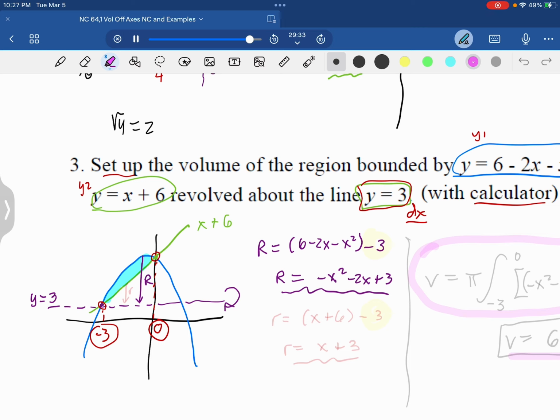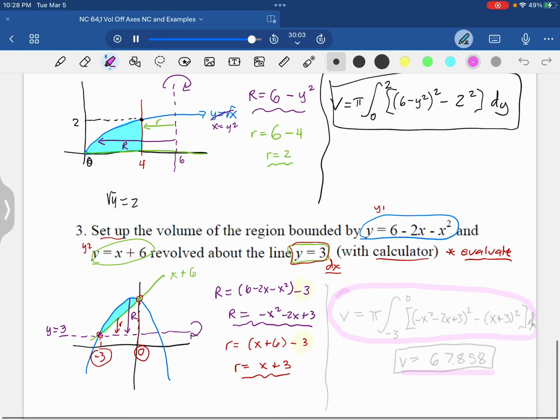My little r is going to be the distance from the closer function down to the axis. Again, starting at the function because it's on top. So little r is going to be the linear function, x plus 6, minus the axis, which is on the bottom, 3. And again, if we combine like terms, we could simplify that into just x plus 3.